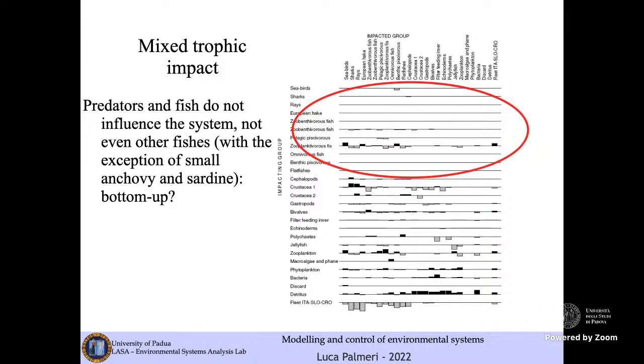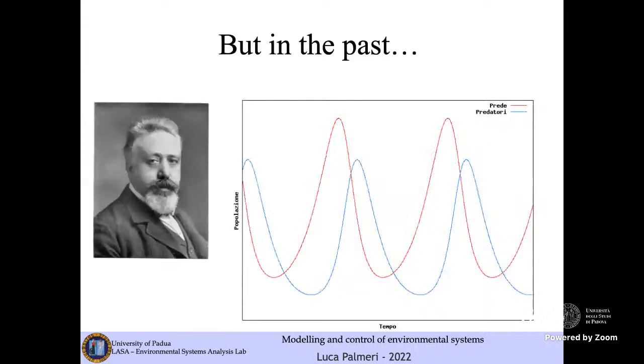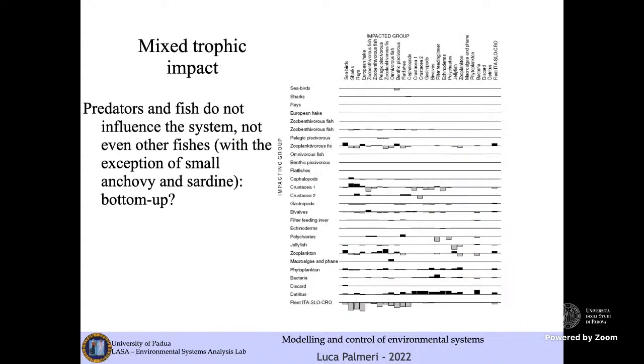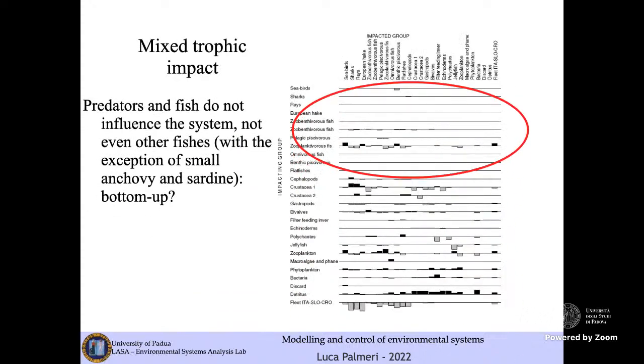This means that it is the anchovy and sardine fish stocks that are controlling what's happening in the upper trophic levels. Bottom-up control means that it is the smaller organisms that are controlling the biomass of the higher trophic level organisms, or we may have a top-down control.